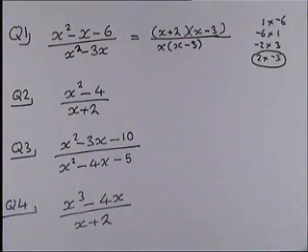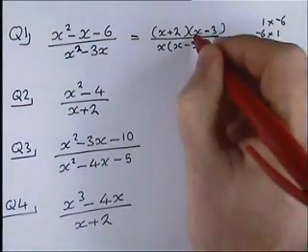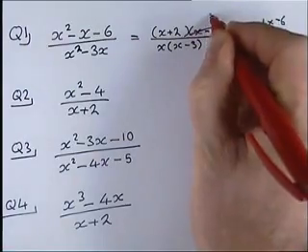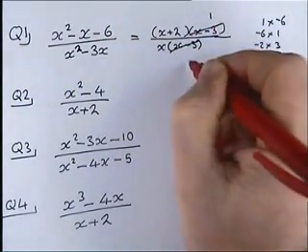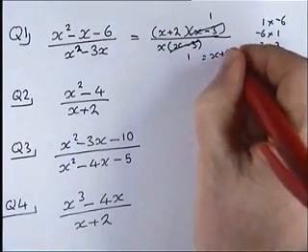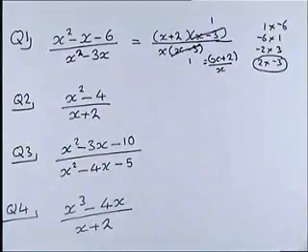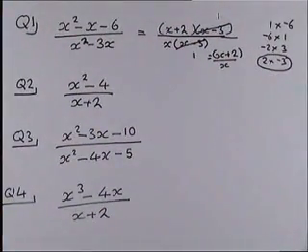Now we can see if there's a common factor in the numerator and the denominator, which there is. In this case it's the number x minus 3, so we can divide the top by x minus 3 to get 1, we can divide the bottom by x minus 3 to get 1, and we're left with x plus 2 over x. Now you can leave that in a bracket if you want. And that's as far as that one simplifies.